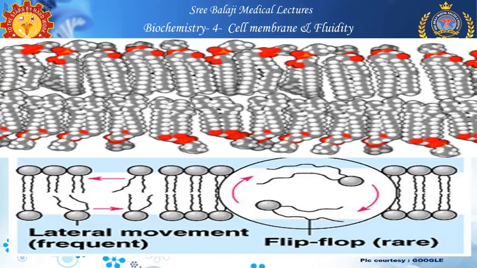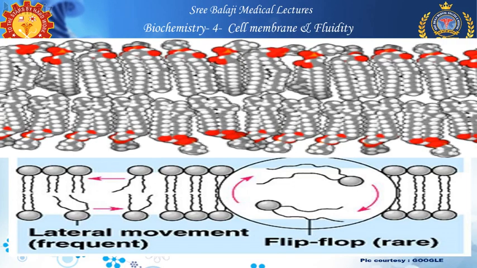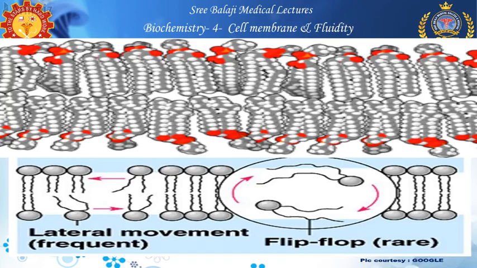So this is the lateral movement of the plasma membrane. Usually you have lateral movement. Sometimes you will see a flip-flop type of movement also, which is a very rare condition.